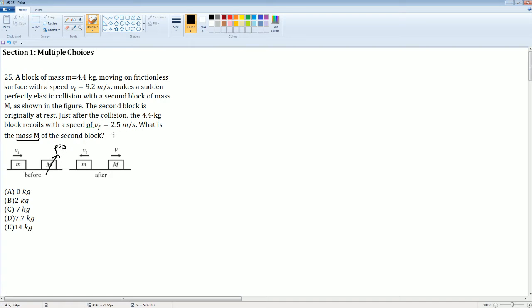So we have little m vi equal to little m vf plus big M big V. You want to solve for the mass of M, so it's little m vi minus little m v final, divided by big V. That is the big mass.